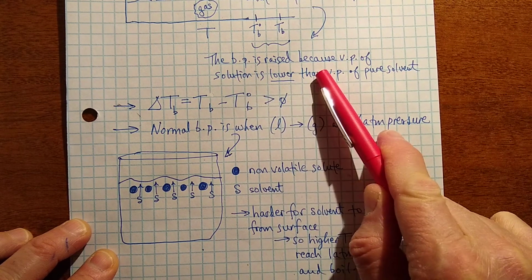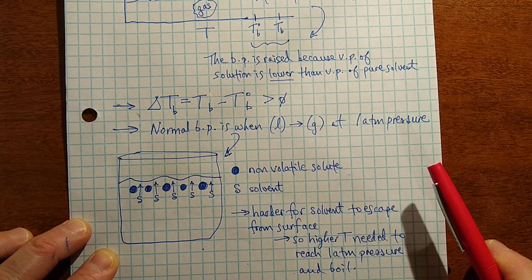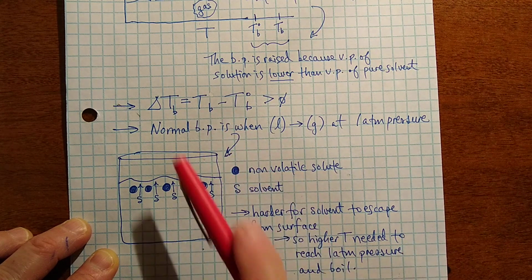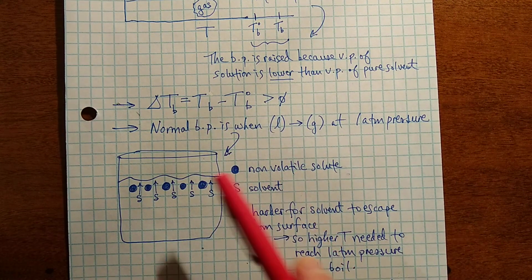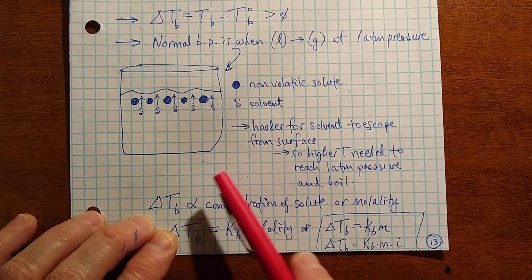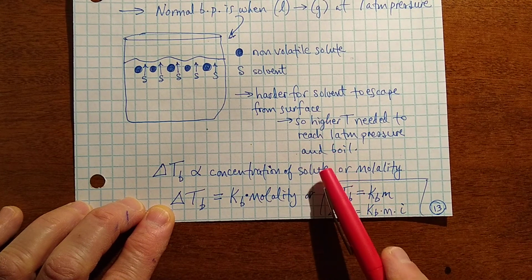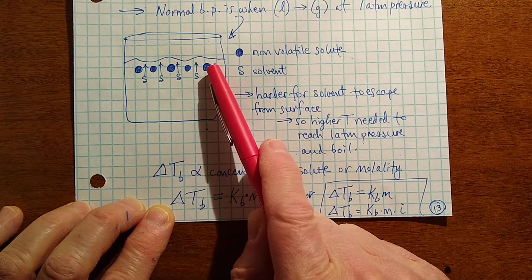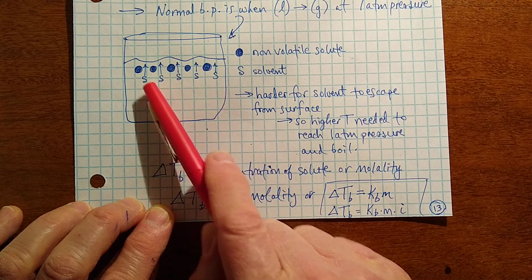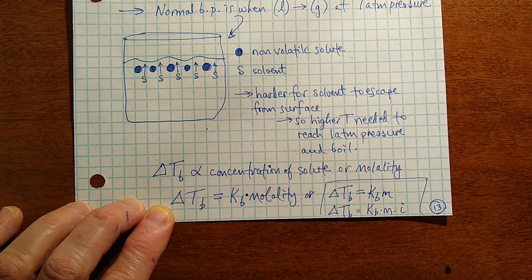The boiling point is raised because the vapor pressure of the solution is lower than the vapor pressure of the pure solvent. We usually express that as a delta T sub B. Again, you're not going to have to worry about that. This is just a mathematical treatment we're not going to worry too much about. But again, another way to look at it is at the surface of a solution, it's harder for the solvent molecules to escape if there's something in the way.